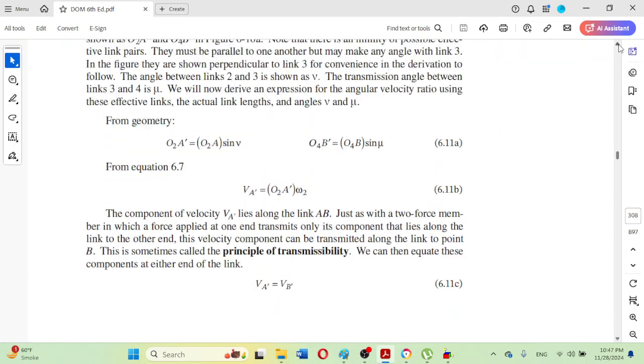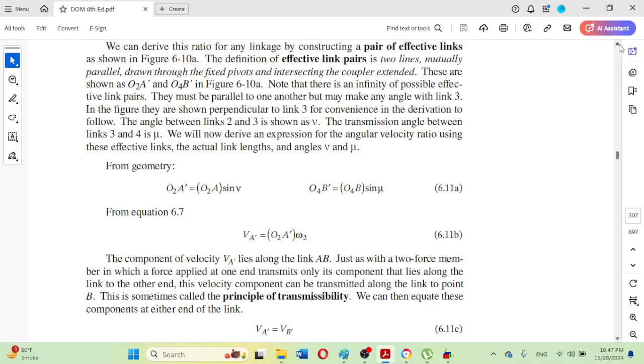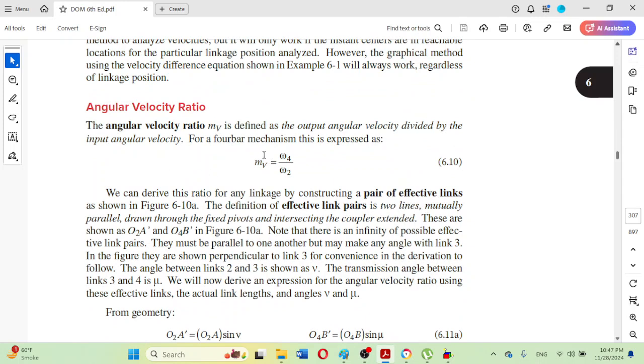In the definition, this is the first method: we perform the velocity analysis and obtain the angular velocity of the rocker link or the output link from the complete velocity analysis, and then we take its ratio with the input angular velocity omega 2, and that will give us the angular velocity ratio mv. So this is one method.